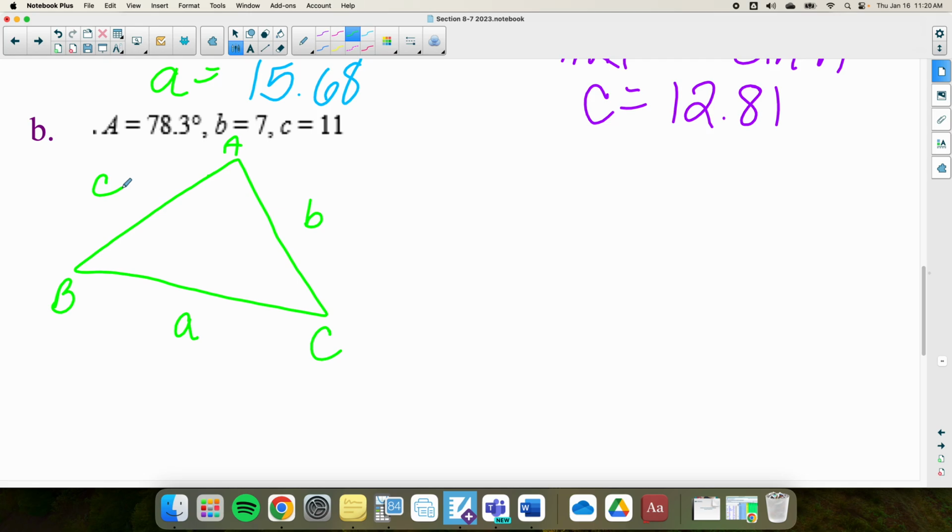Okay? Now, angle A is 78.3, little b is 7, little c is 11, and so when I go to figure this out, I need to find little a. Oh, I have to say what law too.